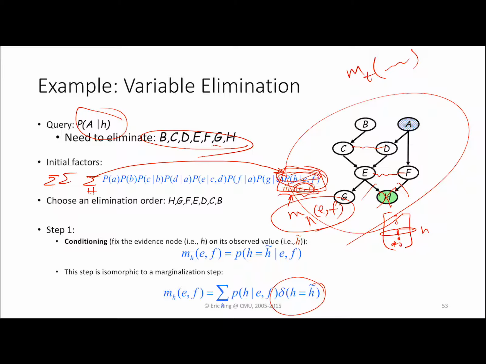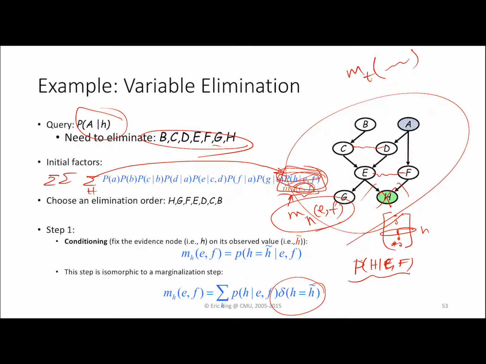So let me explain it this way. When you are eliminating H, let's say that H is unobserved for a second for simplicity. Because of the structure of the graphical model, we had terms like H given E and F. At the end of the day, it's just a function. Forget that it's normalized, that it has a meaning.